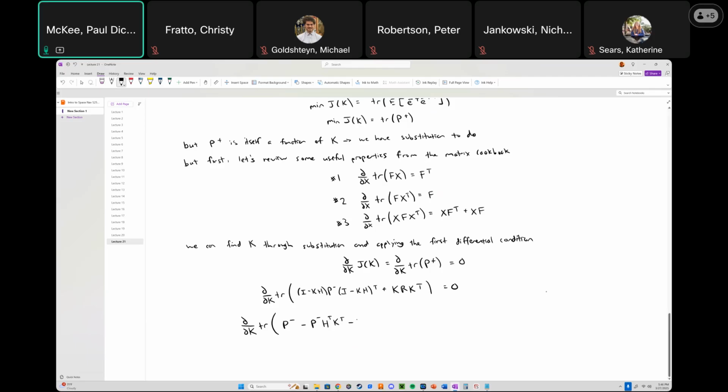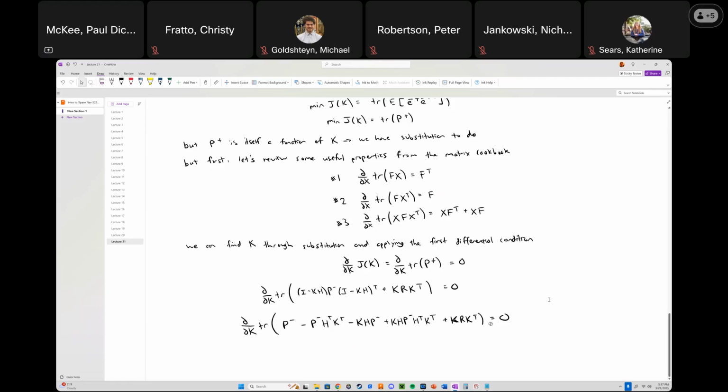Next is going to be minus KH P minus. And then finally, you're going to get plus KH P minus, and then we've got H transpose K transpose. Finally, we've got plus K R K transpose. And all this equals 0.